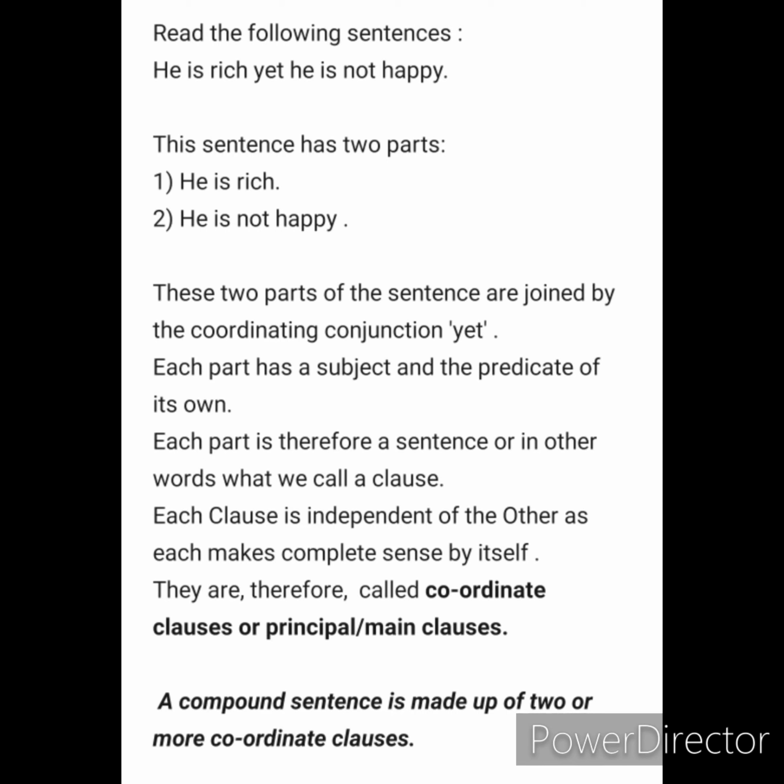Each part is therefore a sentence, or in other words, what we call a clause. Each clause is independent of the other, as each makes complete sense by itself. They are therefore called coordinate clauses or principal or main clauses. A compound sentence is one made up of two or more coordinate clauses.